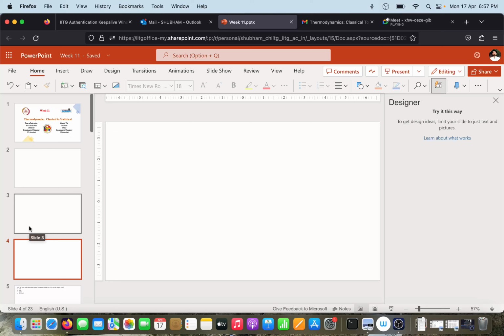We will calculate them separately and then put the values here and get the answer. For delta S1, the temperature T1 is 298 Kelvin and T2 is 273 Kelvin.